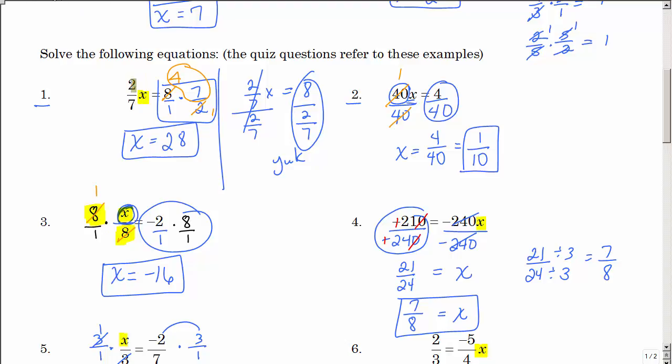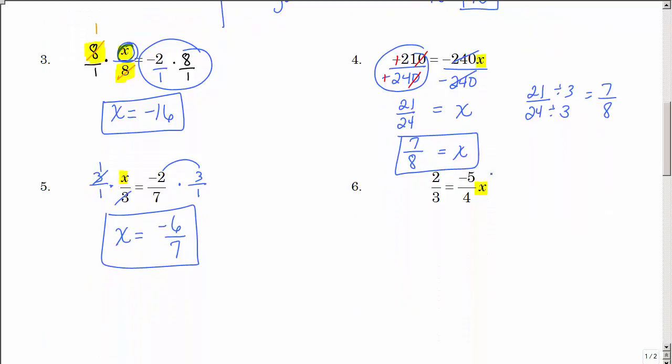Remember, x was being multiplied by 2/7, and I undid that by multiplying both sides by that reciprocal. I'm going to do the same thing on number 6. It's being multiplied by negative 5/4, so I'm going to multiply by, and you just need to put the negative somewhere because I need positive 1x. So I'm going to multiply both sides by negative 4/5.